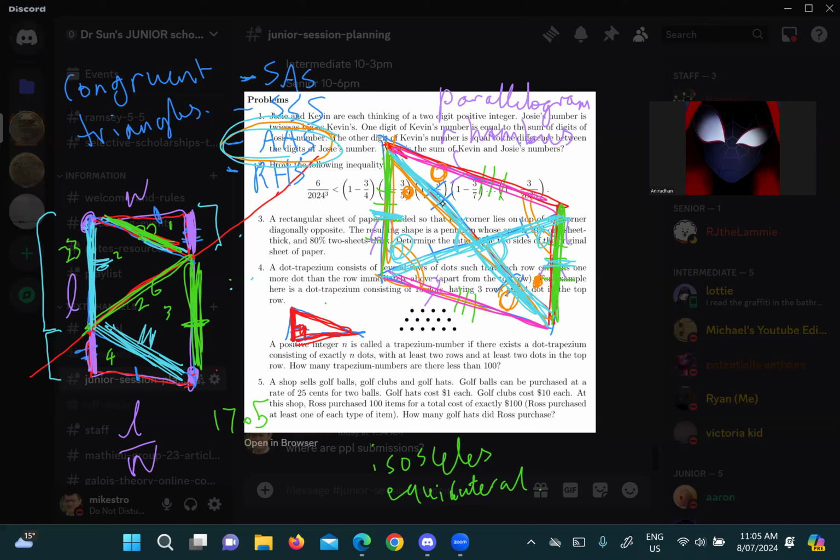So this side here is opposite this angle, so it's equal to this side. And this side here is opposite the dot, which is equal to this side here. So the diagonals actually bisect each other.